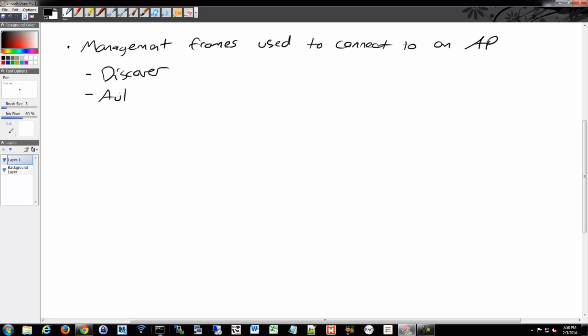We have Authenticate. And then there's Associate. As far as Associate goes, and we'll talk about Authenticate and such as well.